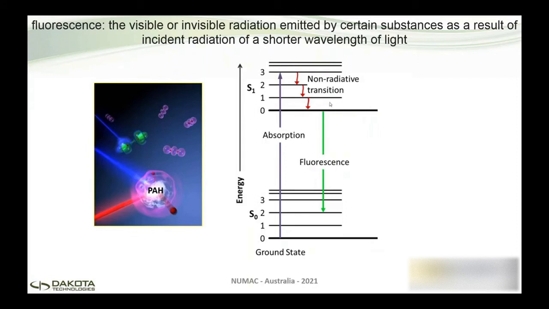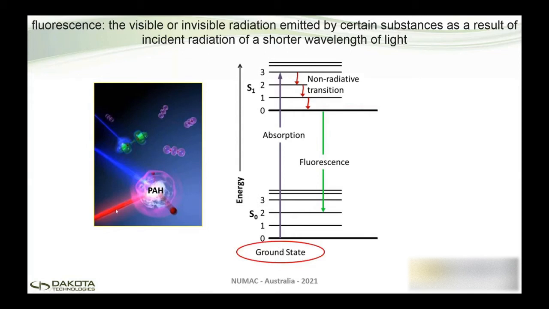Now, fluorescence, most people know what fluorescence means. Fluorescent jackets, fluorescent clothes, running shoes, safety vests, right? But what they don't recognize is there's a time element. So most PAHs want to stay down in the ground state.